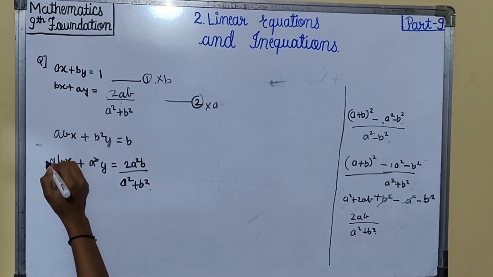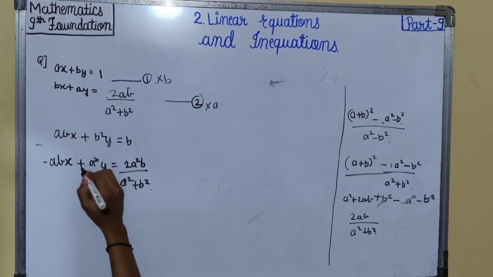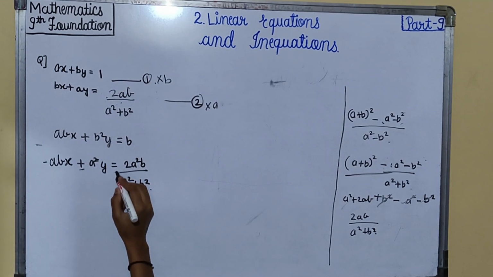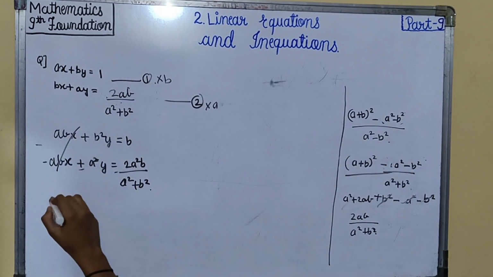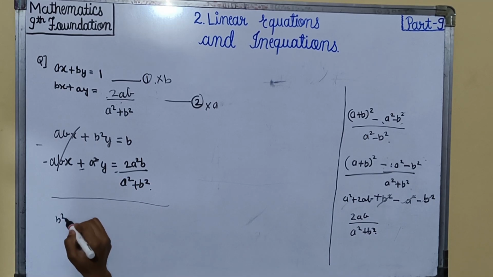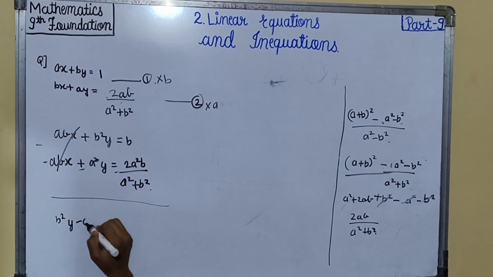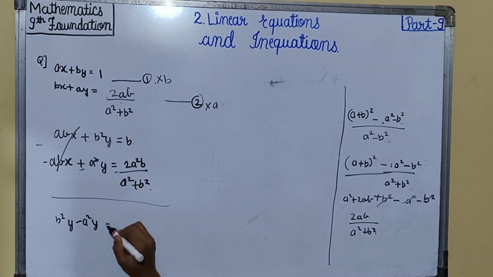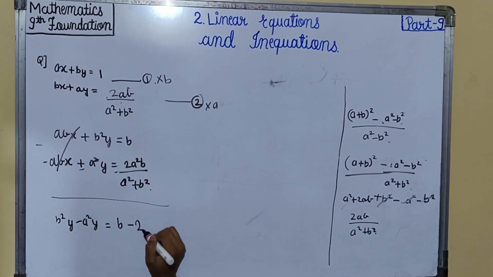We'll subtract, so this was plus, this will get minus. This will get cancelled, we'll get b square y minus a square y equal to b minus 2a square b upon a square plus b square.